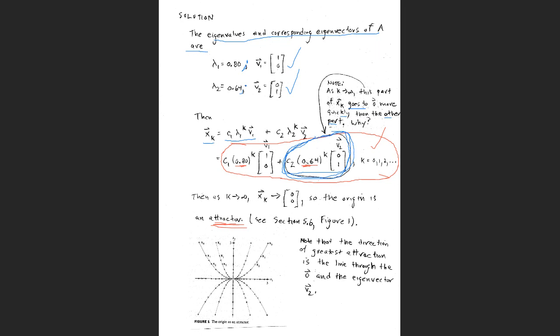And that then tells you what the trajectories ideally would look like. Okay, that would tell you ideally what the trajectories would look like. So the direction of greatest attraction is the line through the origin, the zero vector, and the eigenvector v2.